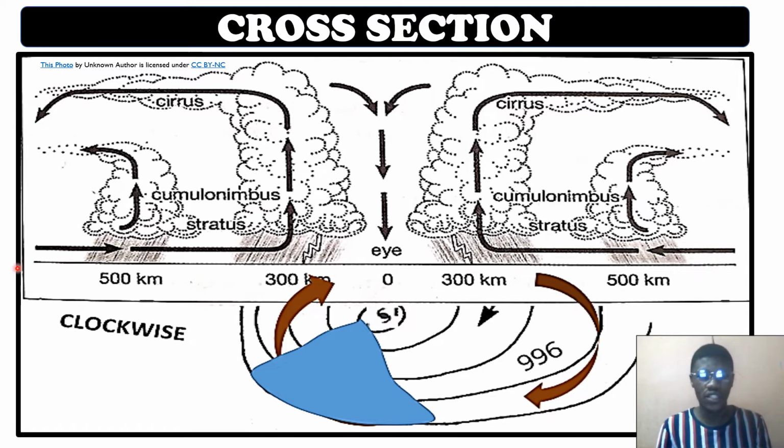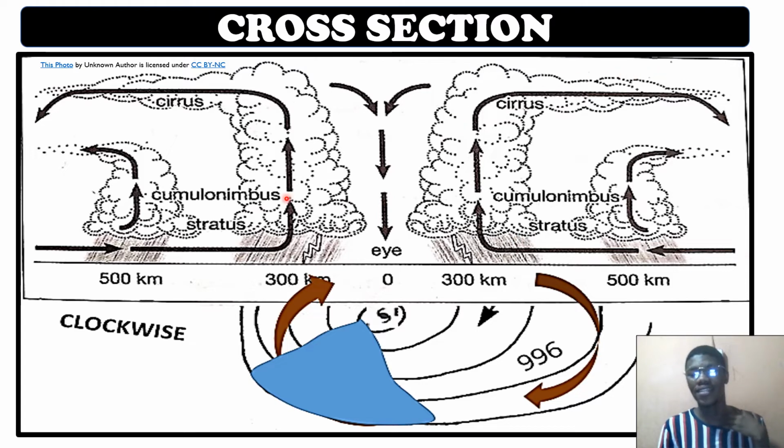So this is our ocean surface here, and we have rising air over the ocean, and because of the Coriolis force, this air is deflected sideways. At some point it rises, and as it rises, this is what we call convection, right? As it rises, it cools down, which means it's going to condense and form your thick cumulonimbus clouds, as you can see here.